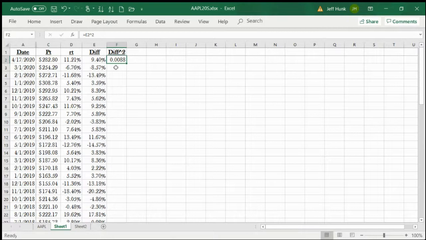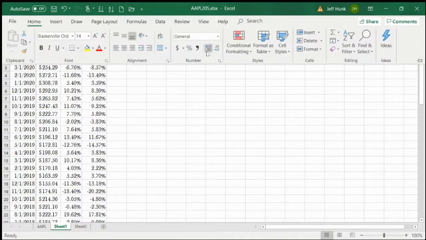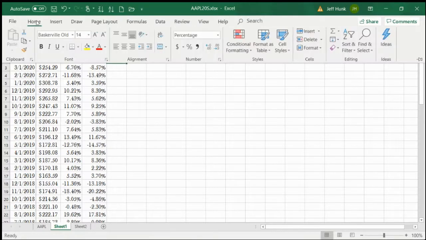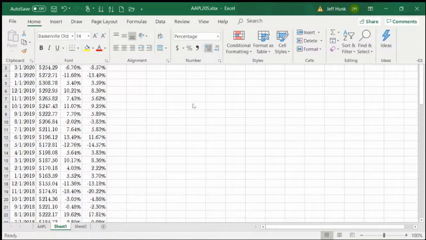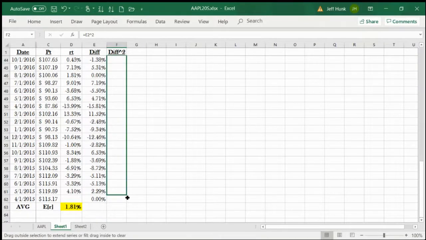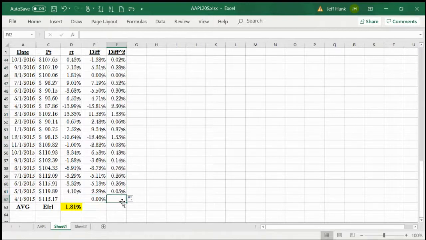That's fine. To be consistent, don't leave it like this because there's a big difference. So always use 2 decimal places, or at least 3. 2 is fine. Now you can drag it down. Then you auto sum everything.